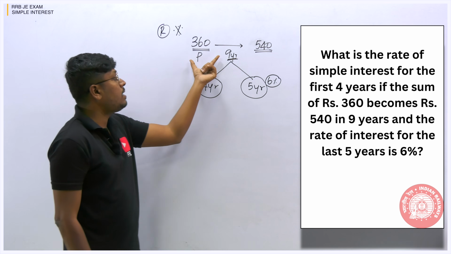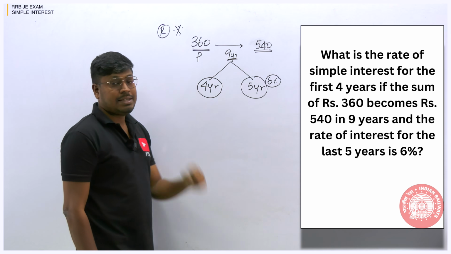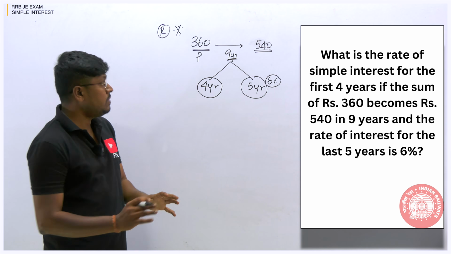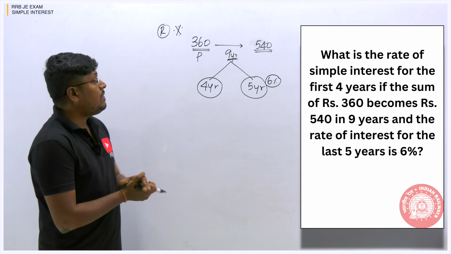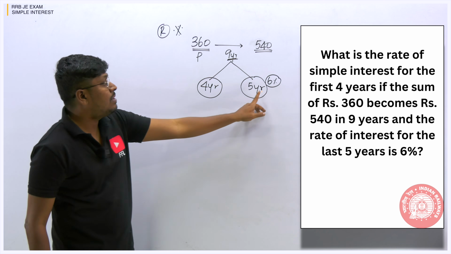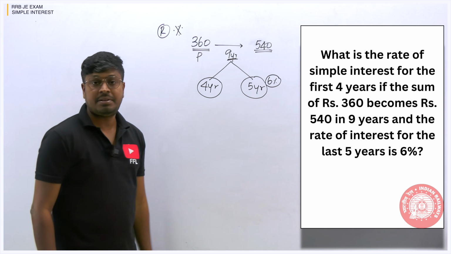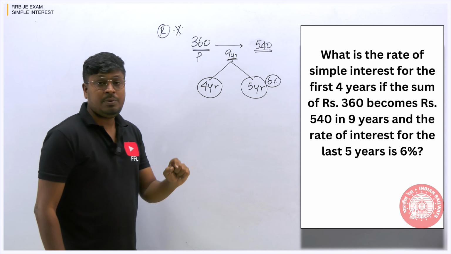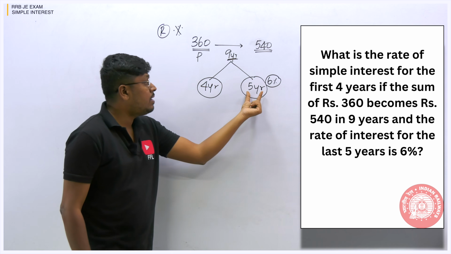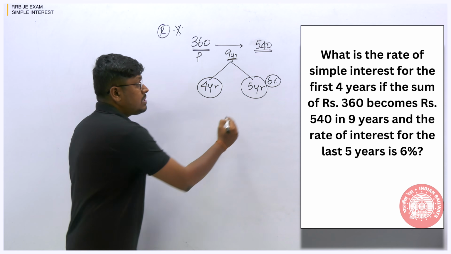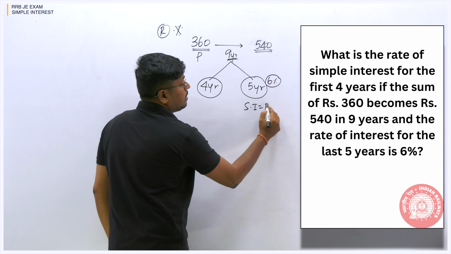So looking at the values carefully, how can we find the answer? Our target is to find the rate of interest for the first 4 years. The easy way is that we have the rate of interest for the last 5 years, which is 6%. Using this value, we can easily find the simple interest received for the last 5 years. Because the simple interest formula is how much? PNR by 100, right?